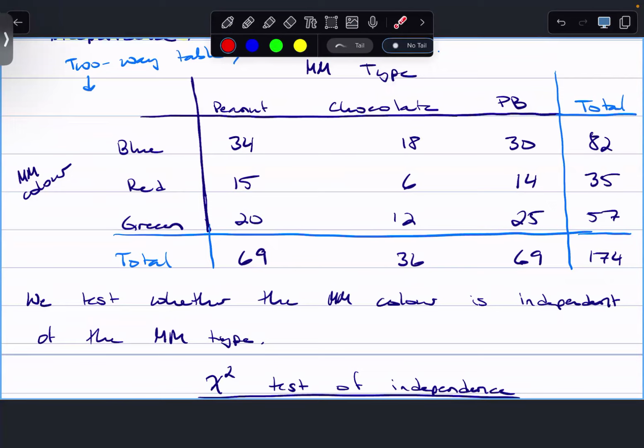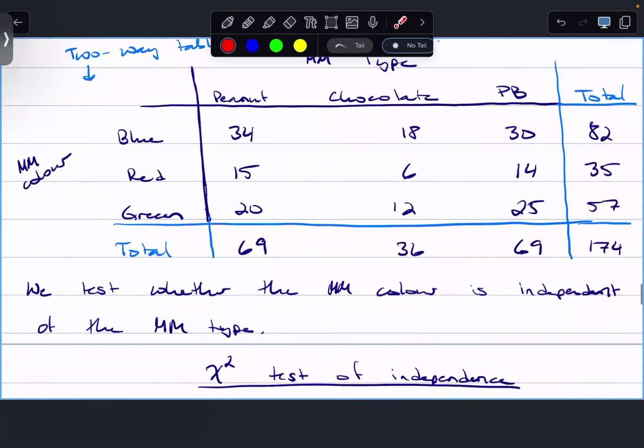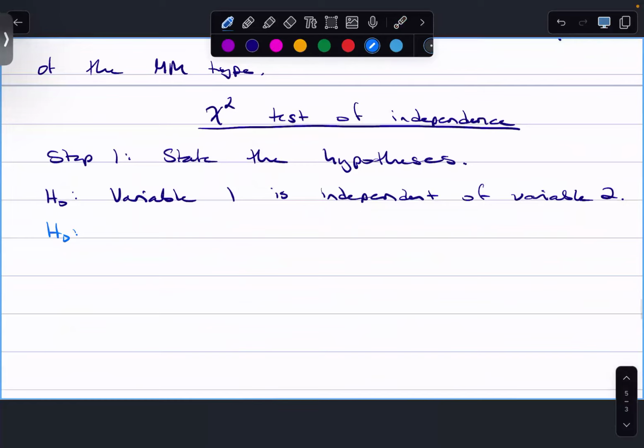If we're assuming that they're independent of each other, then of course the flip side of that is they're not independent of each other, right? And so it doesn't matter. I'm going to use this as group 1 and group 2, or variable 1, variable 2. M&M colors are independent of M&M type.